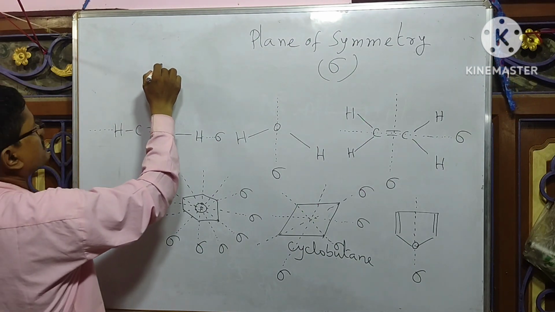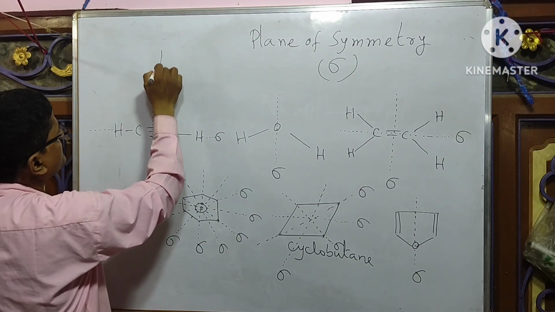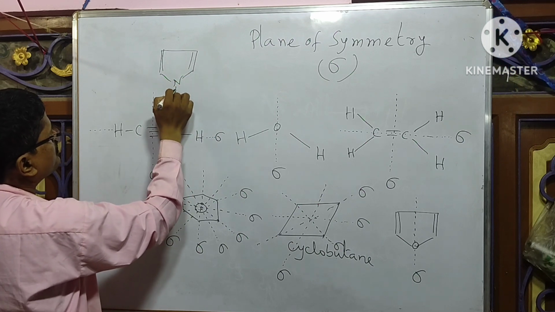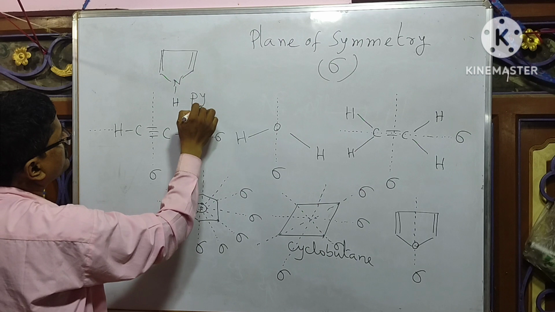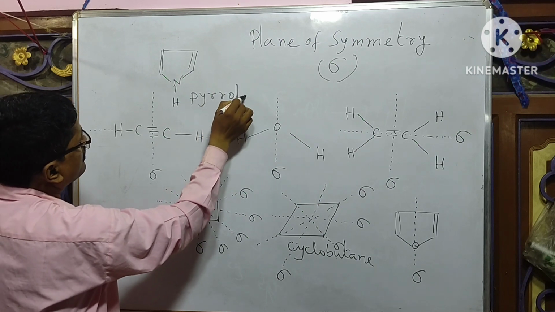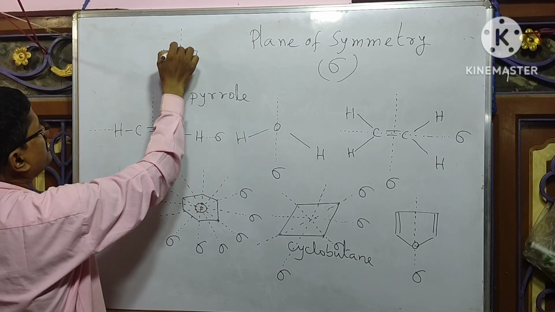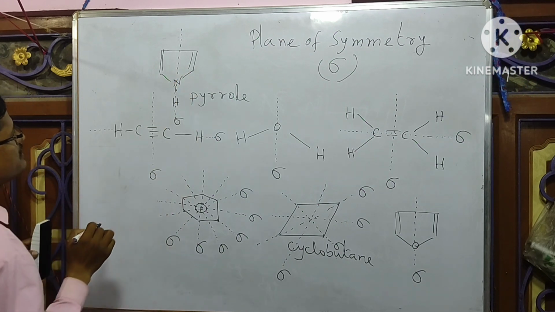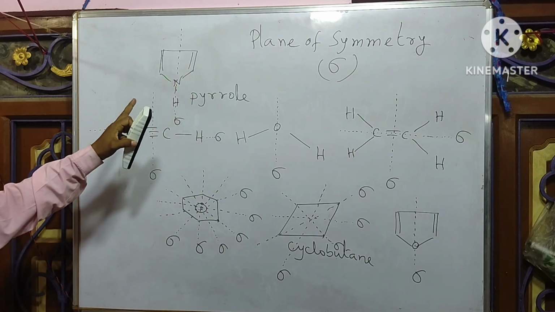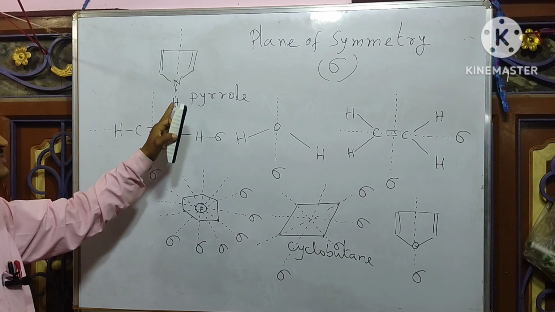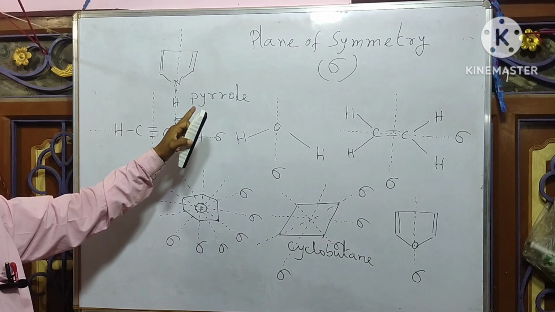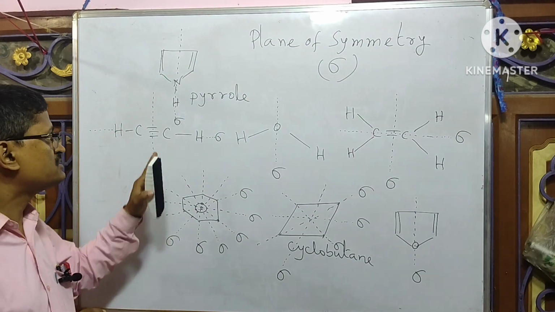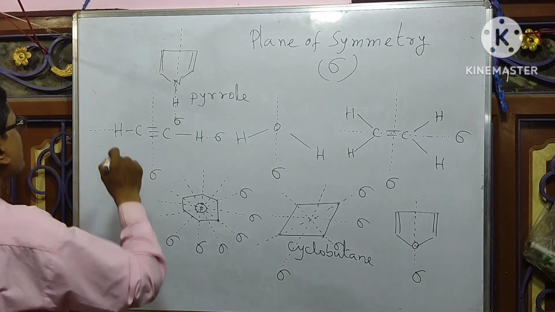Again, consider the case of pyrrole. This molecule is called pyrrole. The plane passing through this dotted line divides it into 2 equal halves, each being a mirror image of each other. Hence, this plane can be considered as a sigma plane.